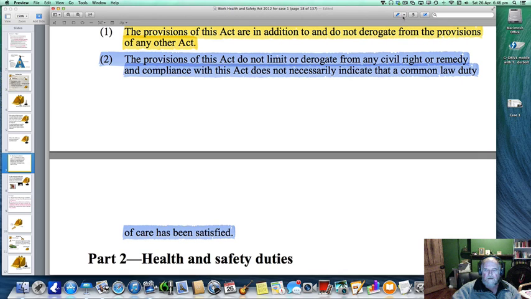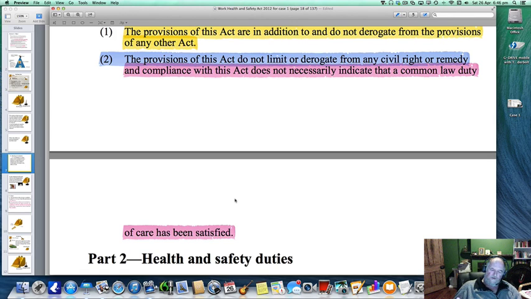And this is a really important one, make this one pink: compliance with this Act does not necessarily indicate that a common law duty of care has been satisfied.